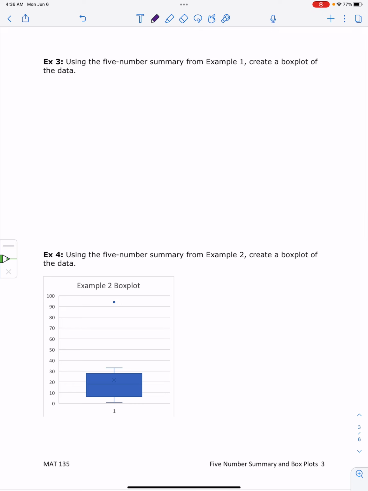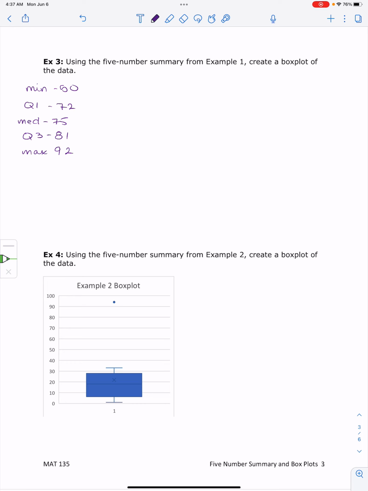So example 3. From example 1, I know I have a minimum of 50, Q1 of 72, my median is 75, Q3 is 81, and my maximum is 92.